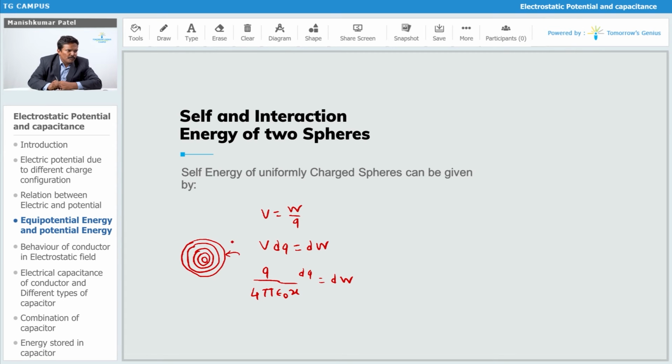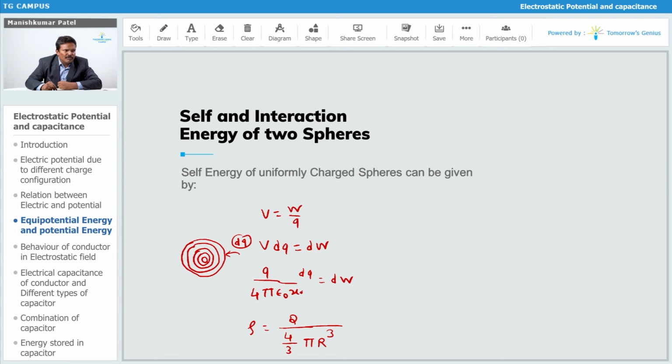When you put a small amount of charge dq, its radius is going to increase by an amount dx. Further, you can calculate the charge density, which is rho, total charge upon total volume. We know that volume is 4 by 3 pi r cube. With the help of this equation you can modify this, again taking the limits from 0 to capital R, the total radius it forms.